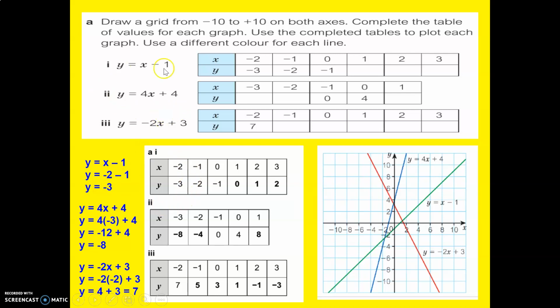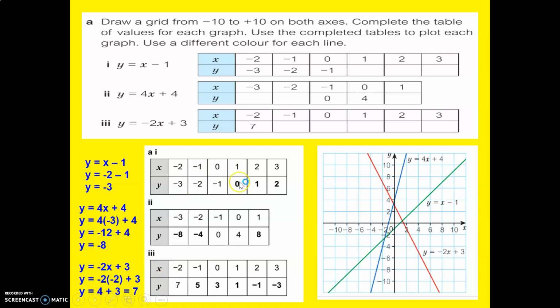For equation y equals 4x plus 4, when x equals -3, we have 4 times -3 plus 4, -12 plus 4, y equals -8. The third equation, y equals -2x plus 3. When x equals -2, -2 times -2 plus 3 is 4 plus 3, y equals 7.